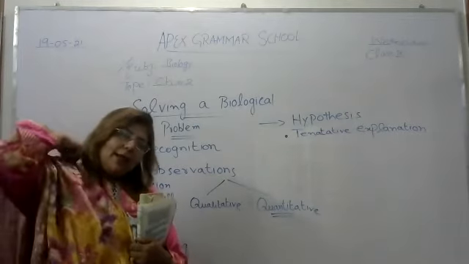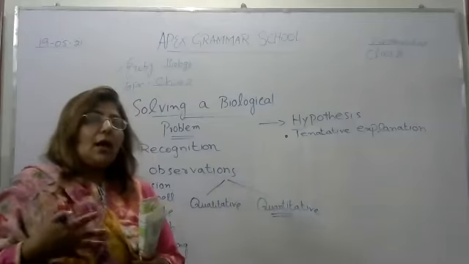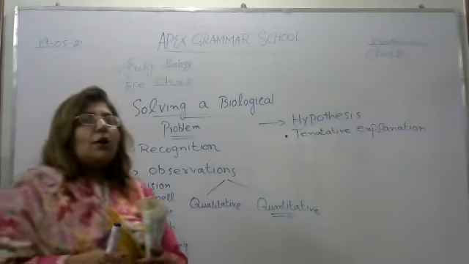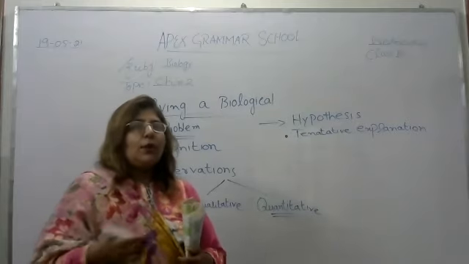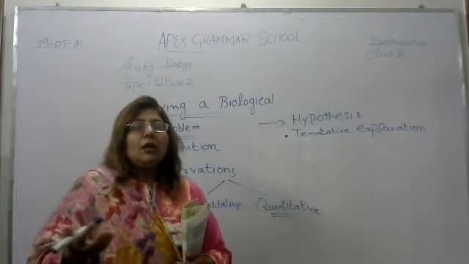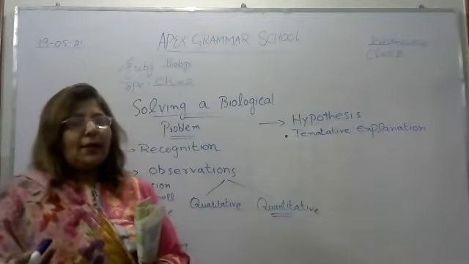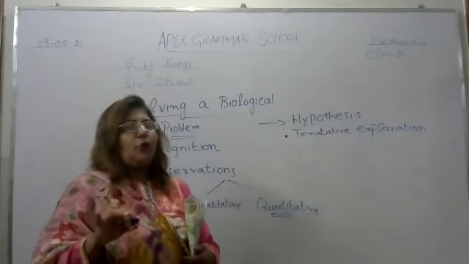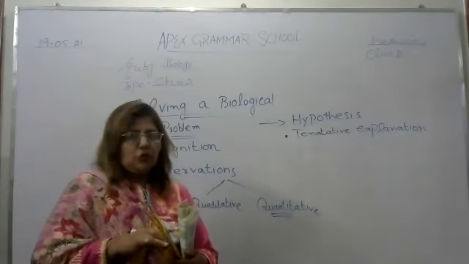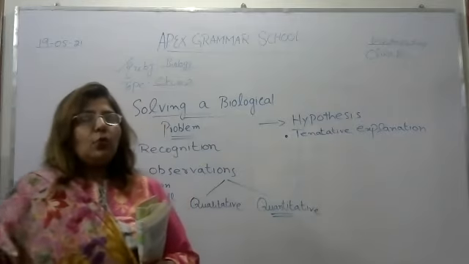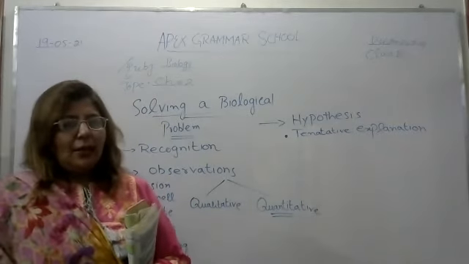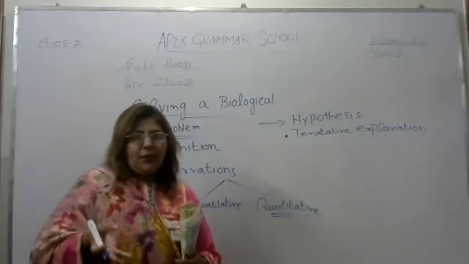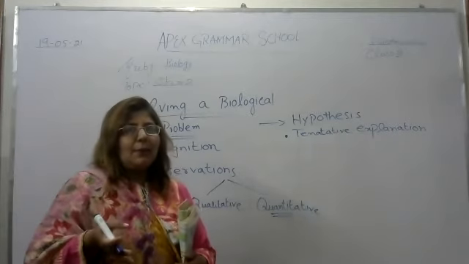Now keep in your mind, in biology there is a theory, there is not any law. Why? Because evolution is going on day by day. There are changes going on day by day, so we cannot say this is a confirmed law. If we compare to physics and chemistry, they have specific rules, specific elements and examples.